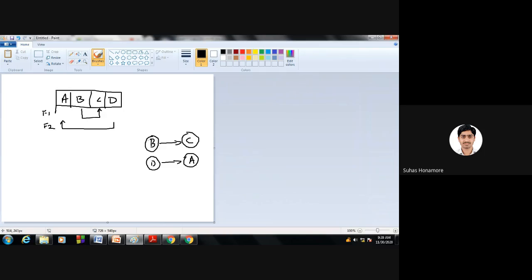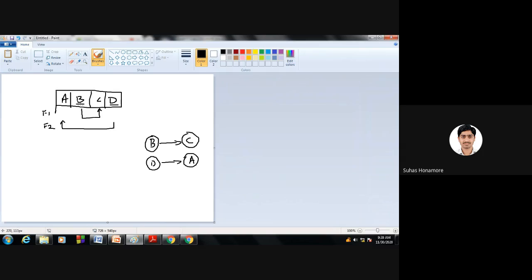So this is also a part of our candidate key, and both together are our candidate key. In this graph, whichever attributes have incoming degree zero, all those together will form the candidate key. So B and D together are our candidate key.